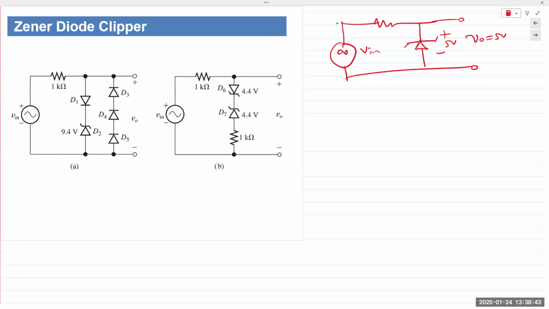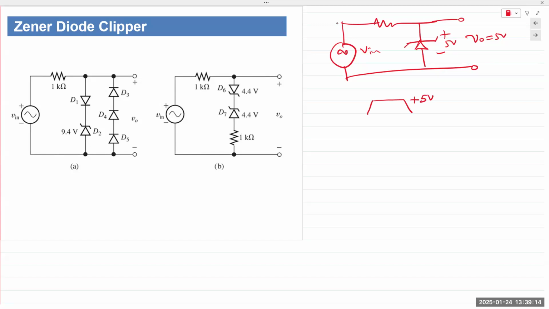But if Vin drops below 5 volts, then Zener diode turns off. Vout is equal to Vin. So in the positive half cycle, if the Zener diode turns on, plus 5 volts, that's it. Automatic clipping with no DC voltage required. Does that make sense? Right?